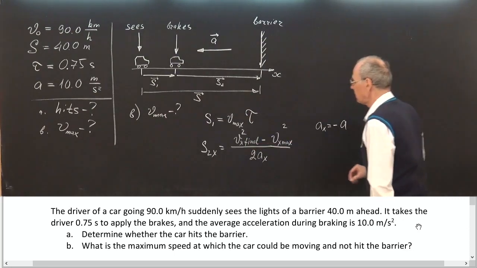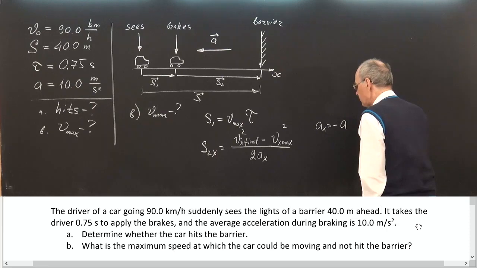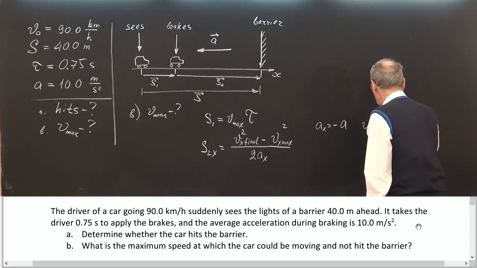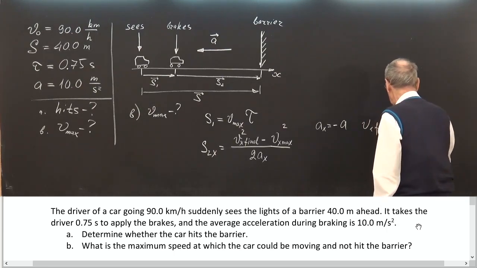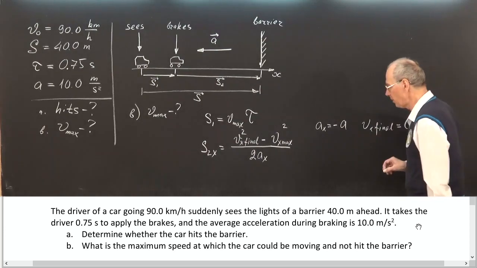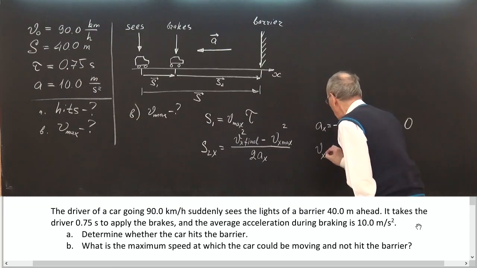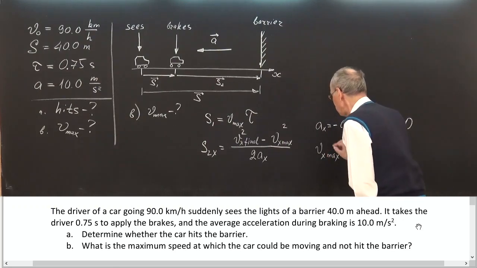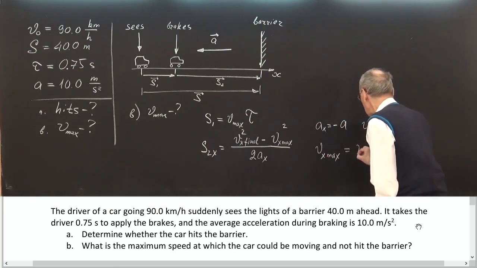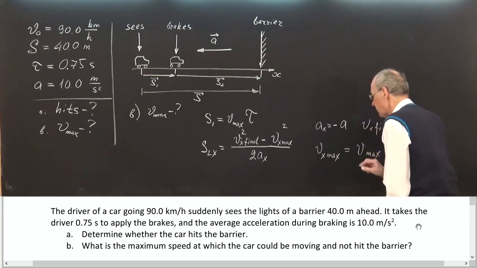The final speed Vx final equals 0, and the x component of V maximum equals V maximum.